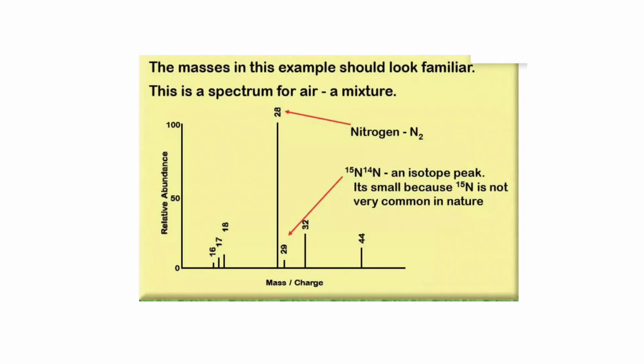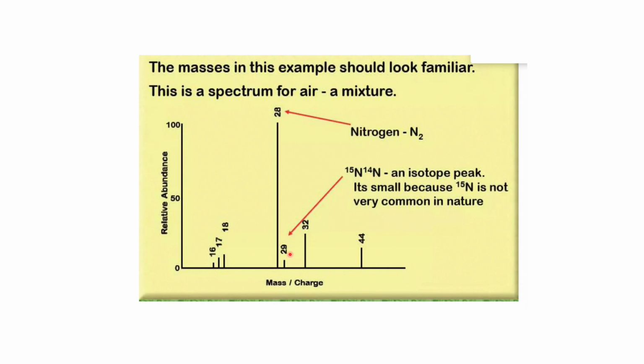So here's a spectrum for air, which is a mixture of nitrogen, carbon dioxide, and oxygen, but predominantly nitrogen and oxygen. If you look at this peak, it's 28. So it would be nitrogen N2, which is 14 plus 14, 28.